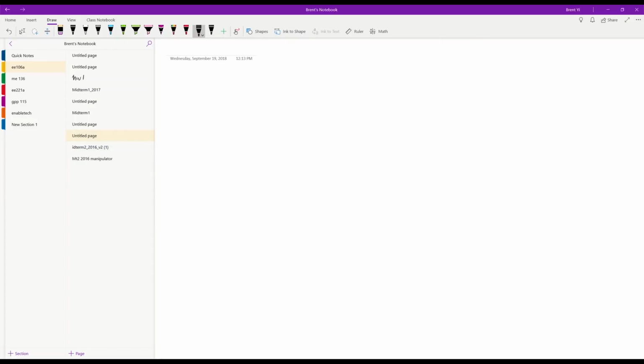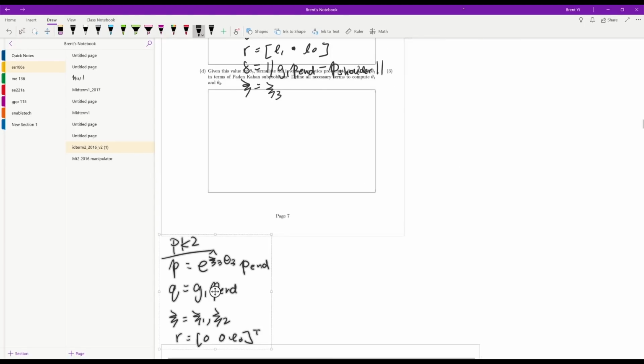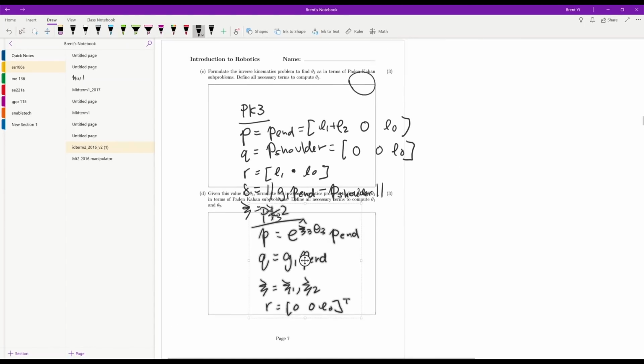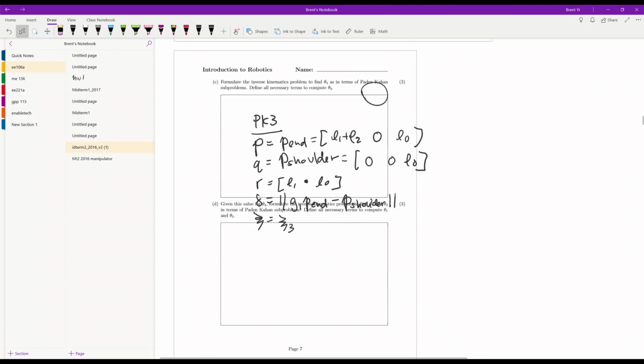Oops. Okay, that's a bit of a mess. I wonder what happened here.